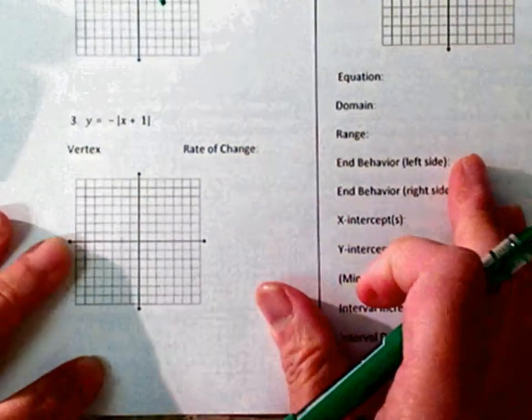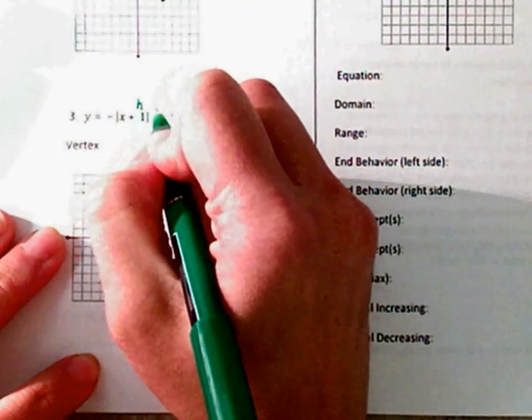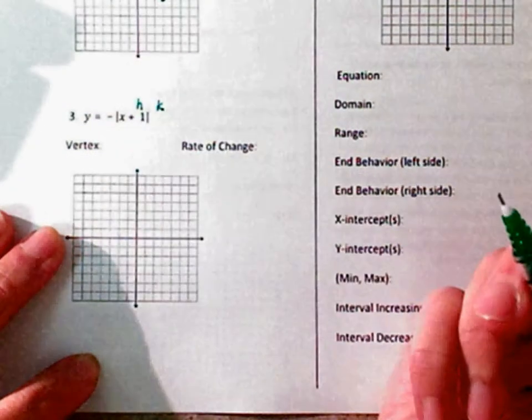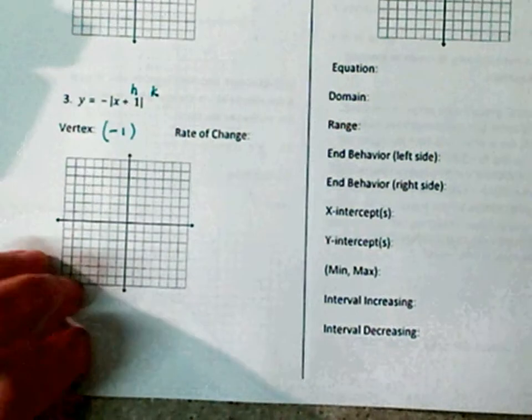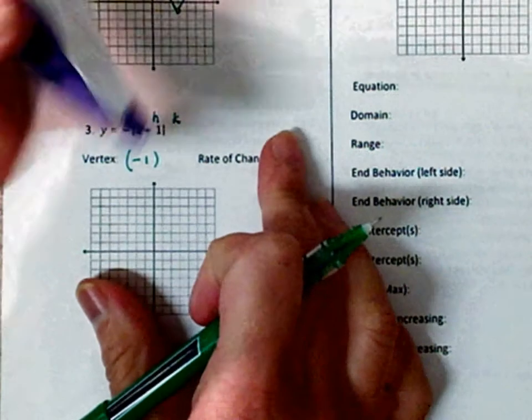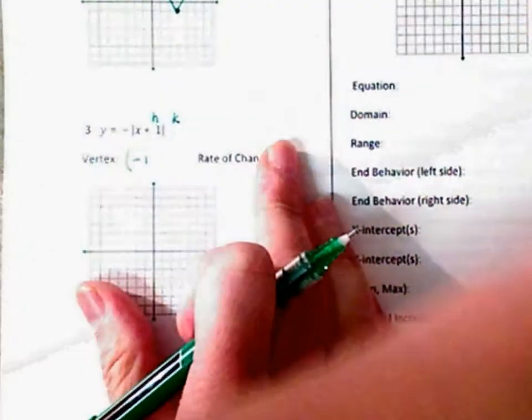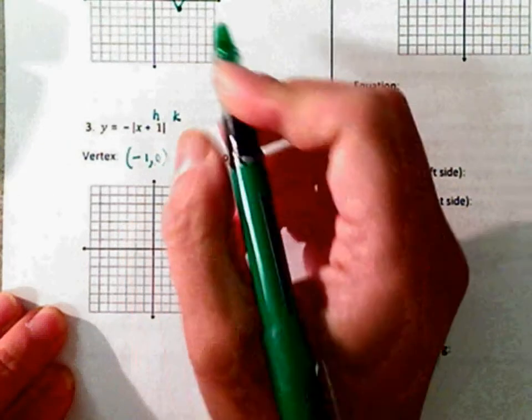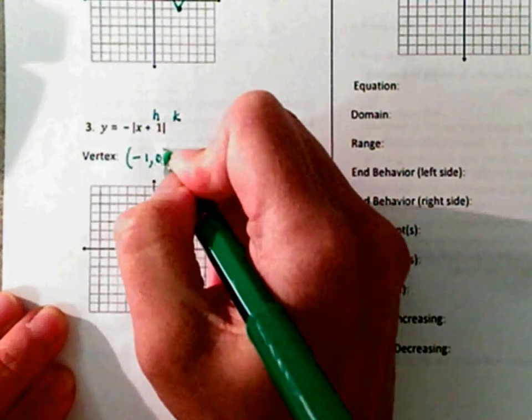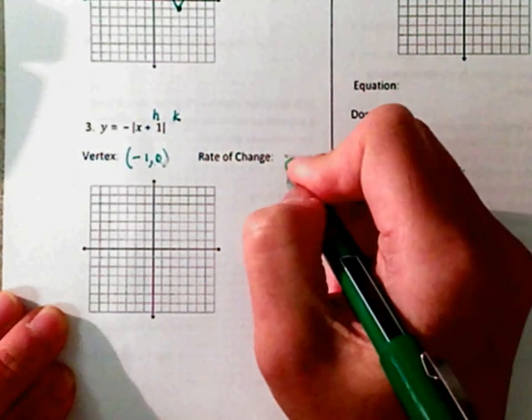Number 3, your vertex, H, and your K. And there's not a K, so your vertex is negative 1. Let me write that correctly, please. Okay, negative 1, comma, 0. That should be a 0. There you go. And your rate of change is negative 1.